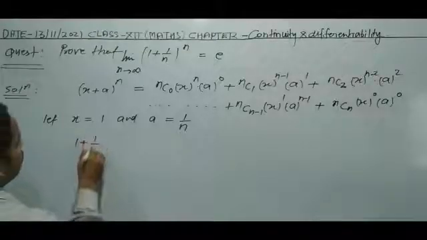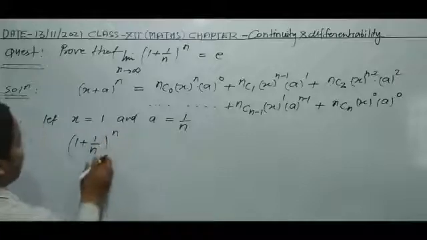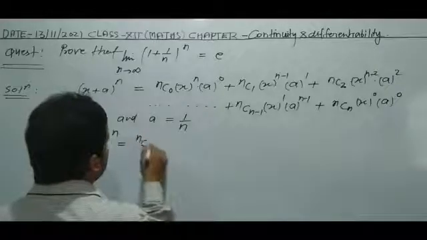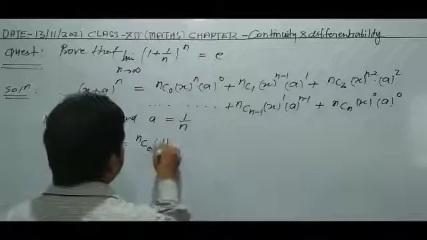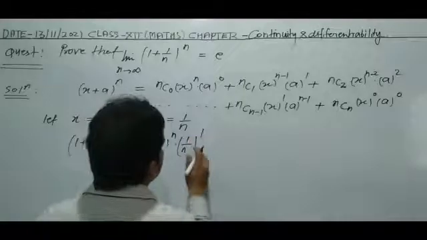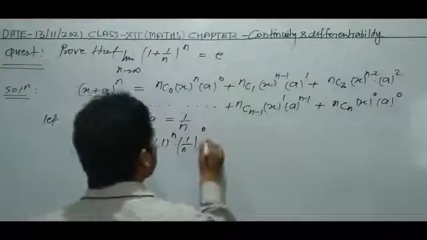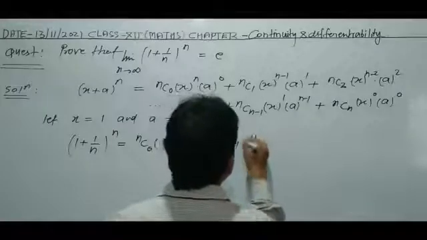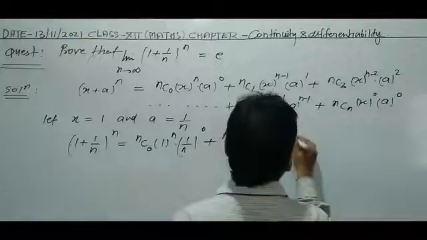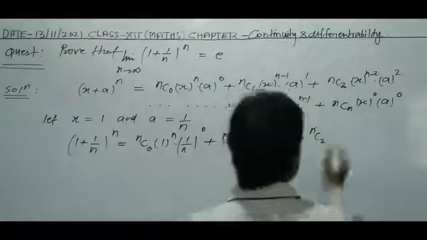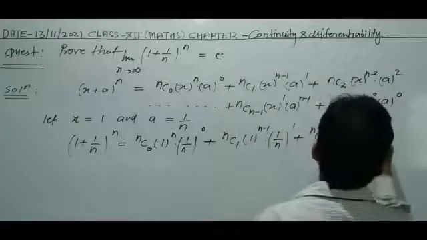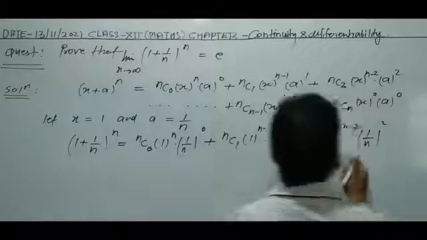So (1 plus 1 by n) power n, we can write nC0 1 to the power n into (1 by n) to the power 0, plus nC1 1 to the power n minus 1 into (1 by n) to the power 1, plus nC2 1 to the power n minus 2 into (1 by n) to the power 2.